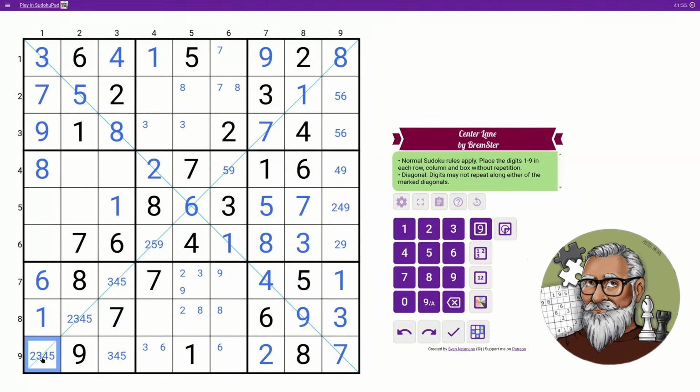This one isn't 2 as well, because we already have one in row number 9, so this becomes a 2. These aren't 4, we already said that. So this becomes a 4. This becomes a 4. Now we can eliminate the 2.